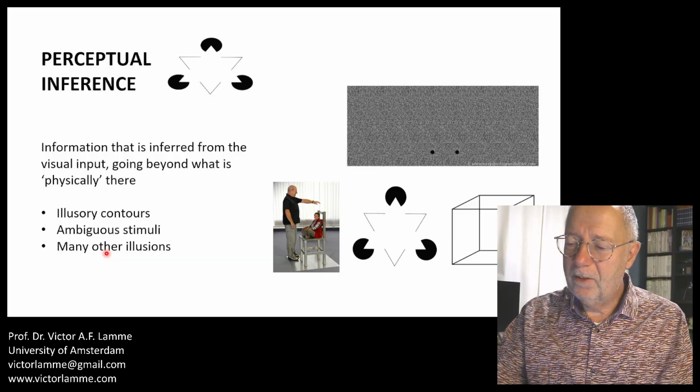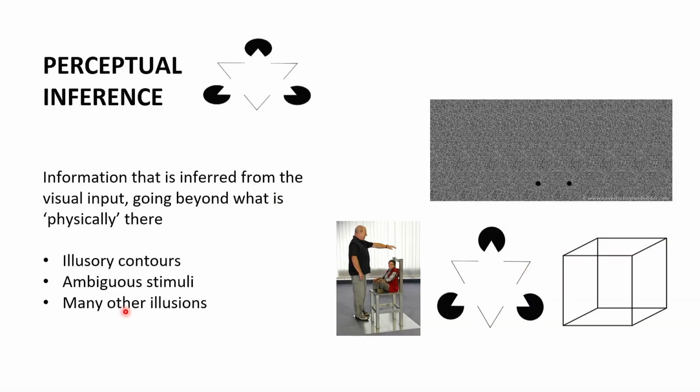And that relates a lot to what we call perceptual inference. That information inferred from the visual input goes beyond what is physically there. Actually, all these things about illusory contours, ambiguous stimuli, and many other illusions, also the ones I just showed you. This is the famous Kanizsa triangle. Of course, you infer that this is a triangle overlying three circles.